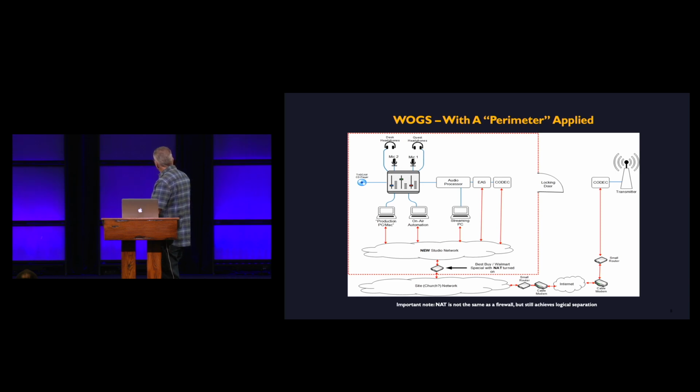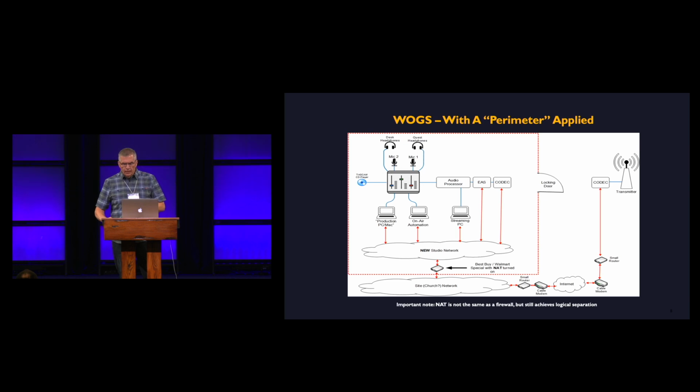And last year I mentioned that you can actually get a cheap router at Best Buy, and as long as NAT is turned on and you actually connect it the right direction, you can achieve some very basic separation between the station and the rest of the church. Okay, so you've created the logical perimeter in addition to the physical.